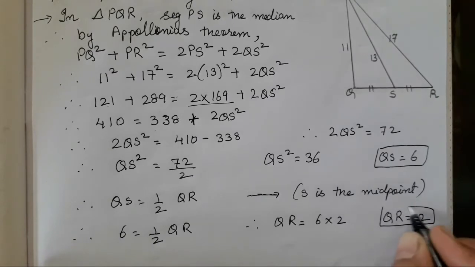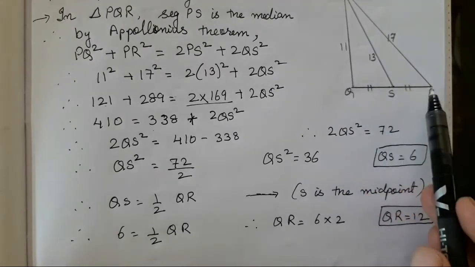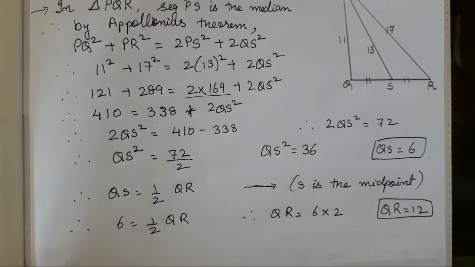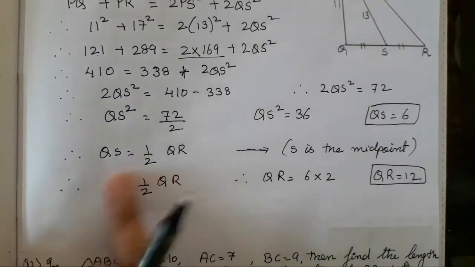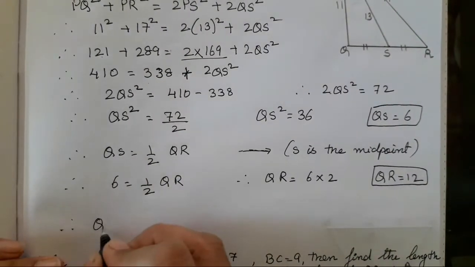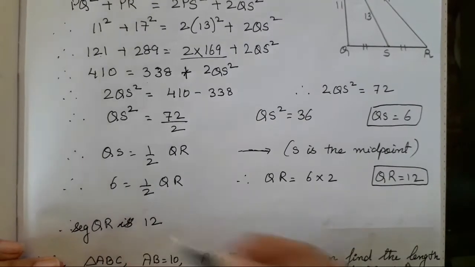So directly we have got 12. As I have said, if this is 6, this is also going to be 6. So 6 plus 6 is going to be 12. Directly also you all can write the answer, but I think the method is very important. You all have to give this and then write the answer. Therefore segment QR is 12.